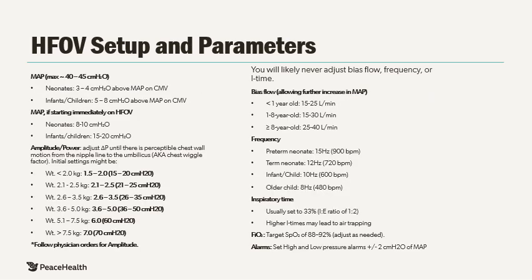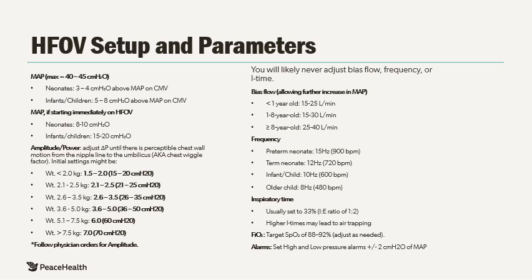This next slide is quite populated, so we'll only go over a few things, but I recommend you refer to the education guide for more detailed information. When setting up high-frequency oscillatory ventilation, we will set up only a few parameters, and most of those parameters will be fixed. First will be mean airway pressure.